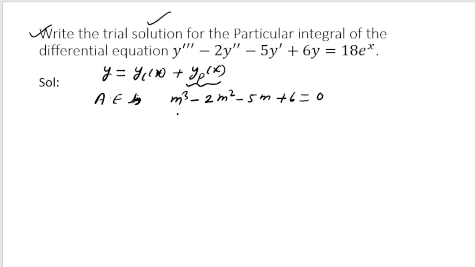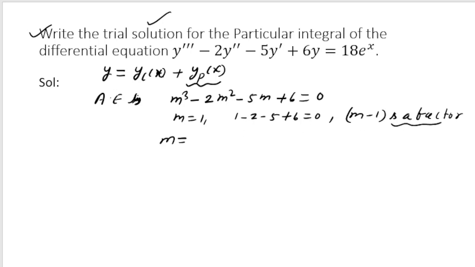If you take m is equal to 1, you can clearly see that m is equal to 1 is a root, because 1 minus 2 minus 5 plus 6 will become 0, right? So m minus 1 is a factor, and then you can use synthetic division to find the other two roots. So the roots in this case, and I hope you know how to find it, will be 1, minus 2 and 3.